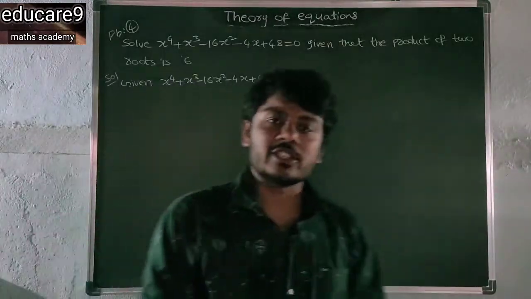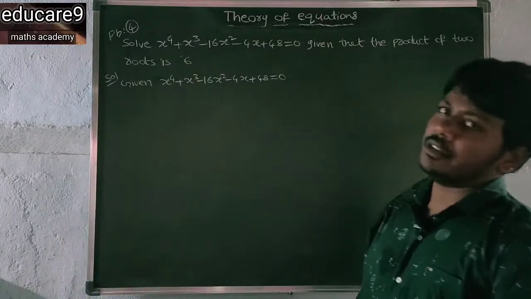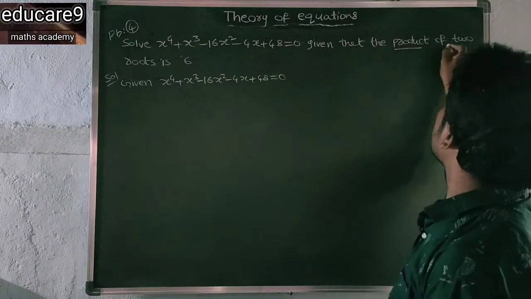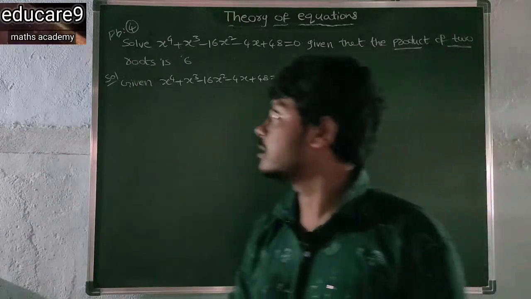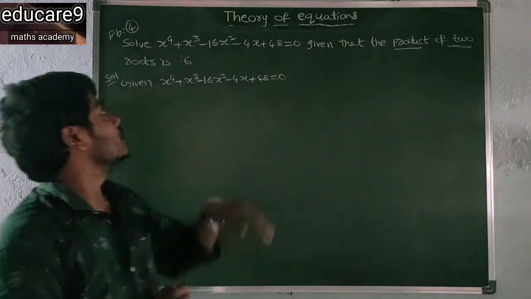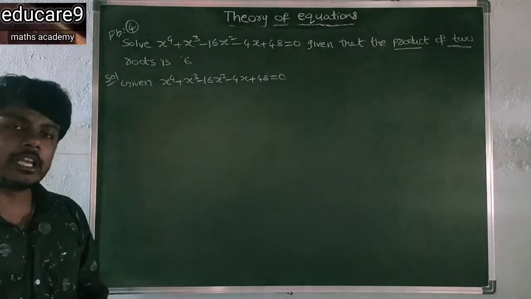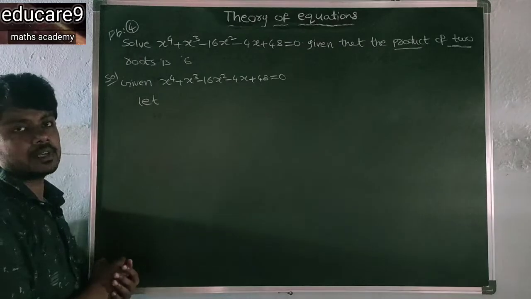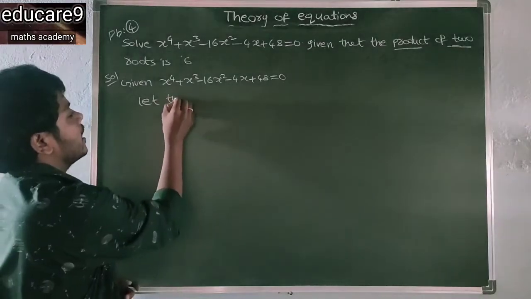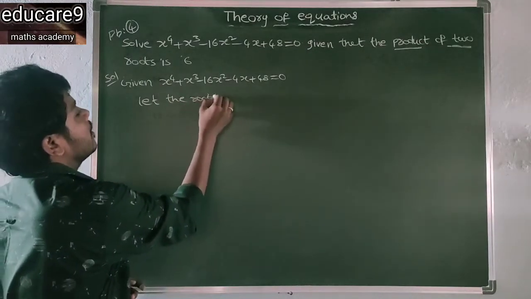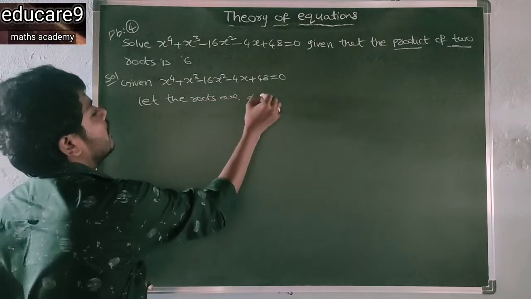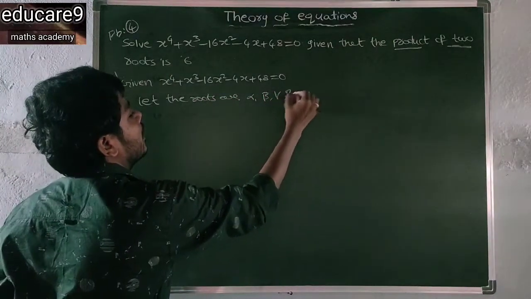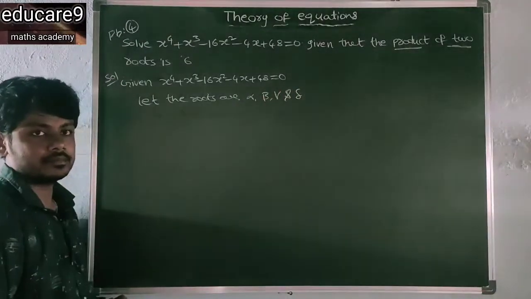So see the next question. Solve the fourth degree polynomial given that the product of two roots is 6. So clearly this is a fourth degree polynomial, so we have 4 roots. Let the roots be alpha, beta, gamma and delta.